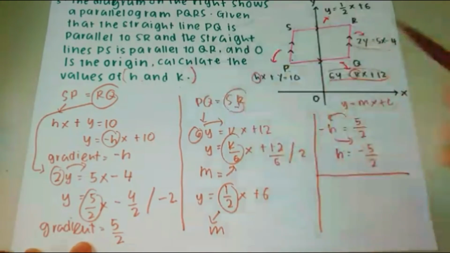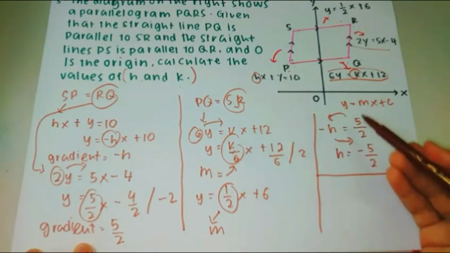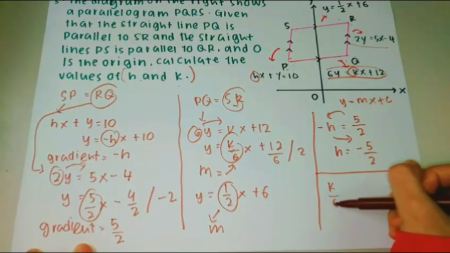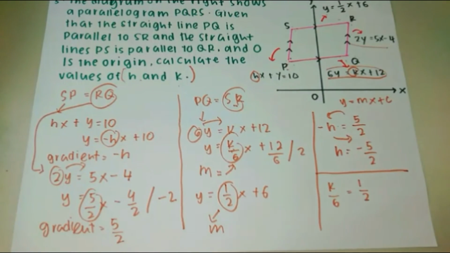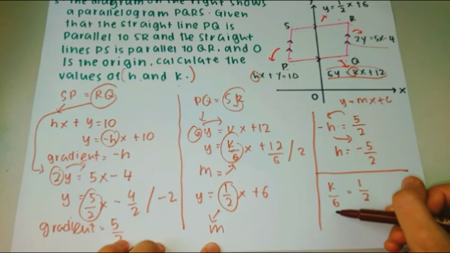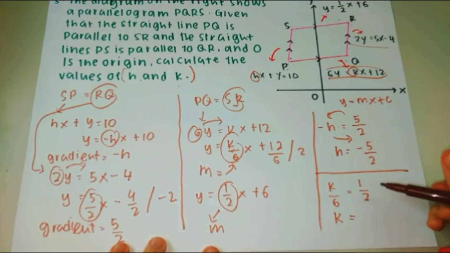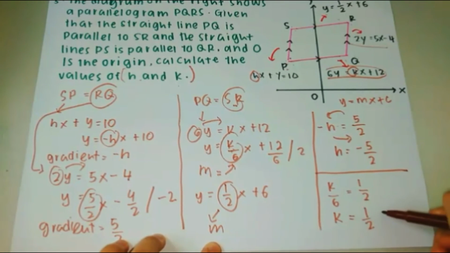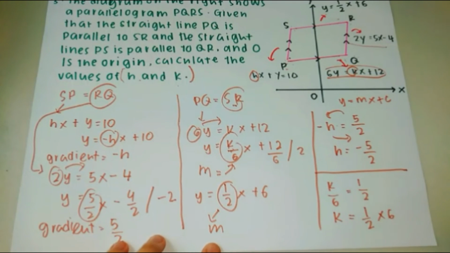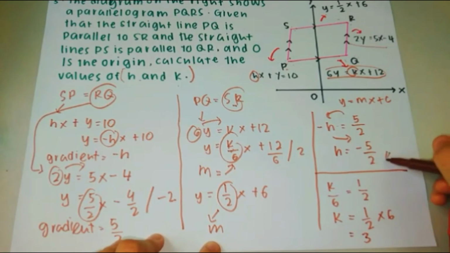Next, the value of k. k over 6 equal to 1 over 2. We just have to bring the 6 to the back and the k will stay at the front. So it will be 1 over 2 times 6. And the value for k is 3. And this is the final answer for this question.